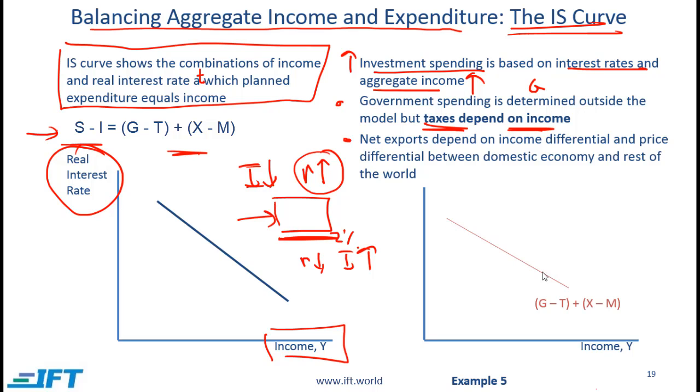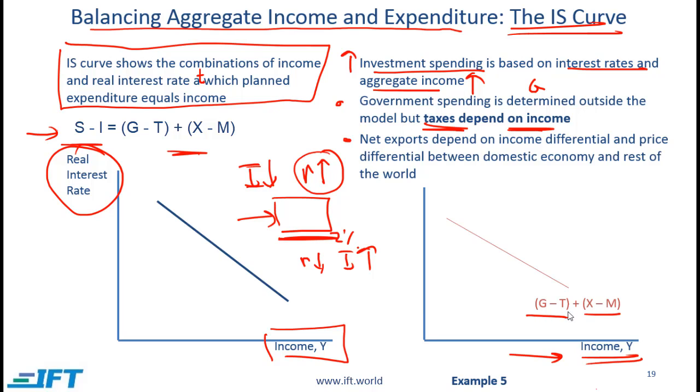This downward sloping red line over here represents the government deficit plus the net exports at different levels of income. Let's look at why this curve slopes downwards. As income increases, what happens to G minus T? We've already said that government spending is determined outside the model, so we can leave that alone. What about taxes?